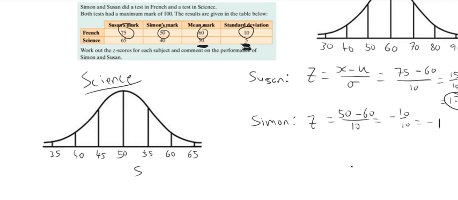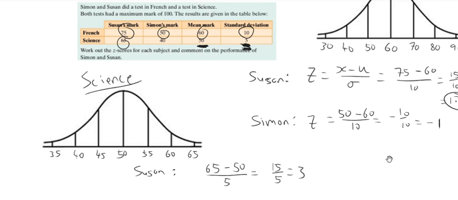So for Susan, her z-score for the science test: she got 65 in the science test, so it would be 65 minus the mean, which is 50, all over the standard deviation, which is 5 in this case. So 65 minus 50 is 15 over 5, and that's going to be 3.